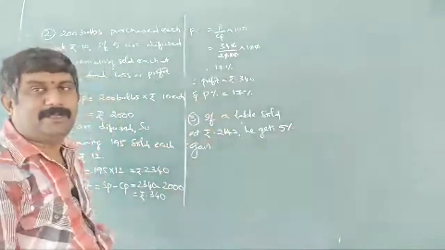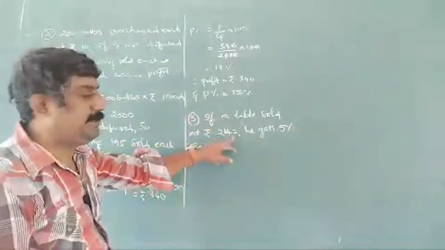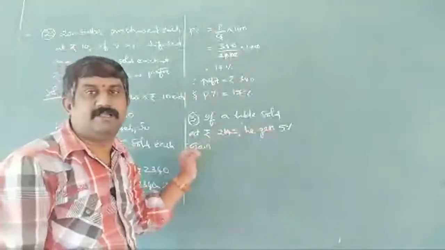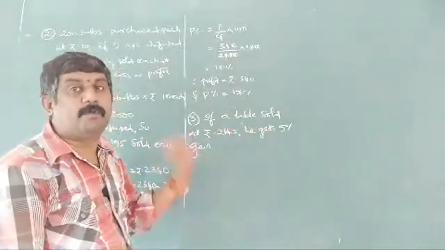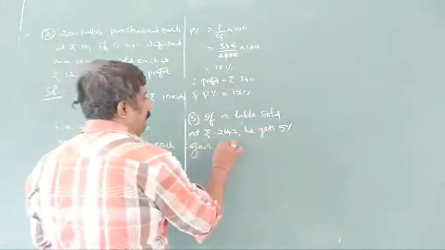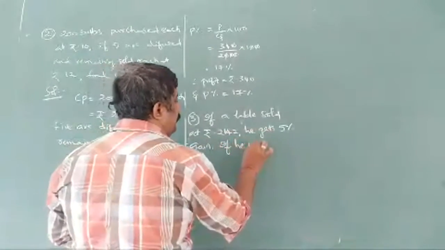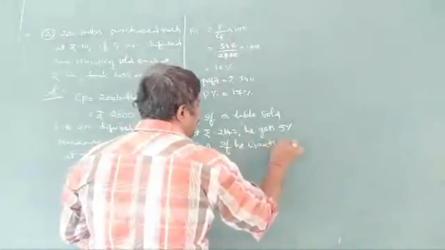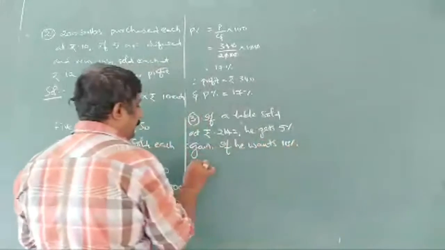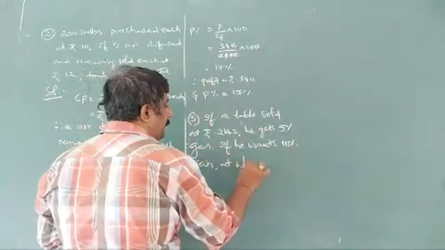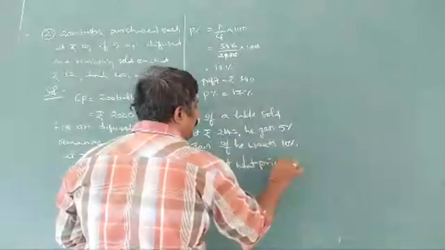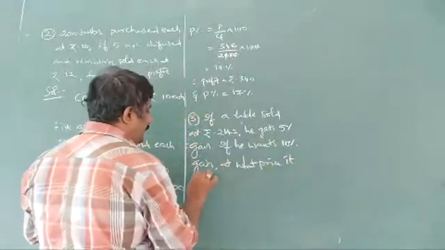A table sold at rupees 2142, he gets 5% profit. Now the shopkeeper wants a higher percentage. If he wants 10% gain, at what price should it be sold?